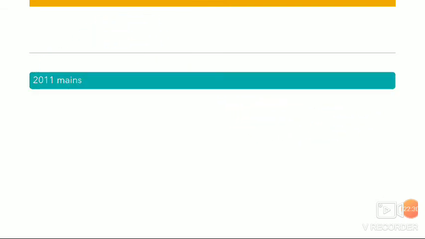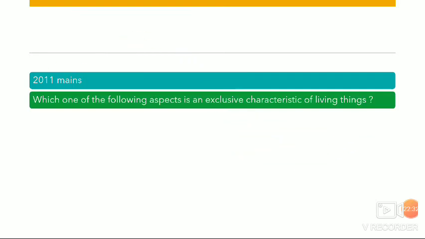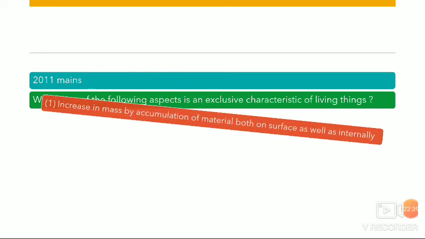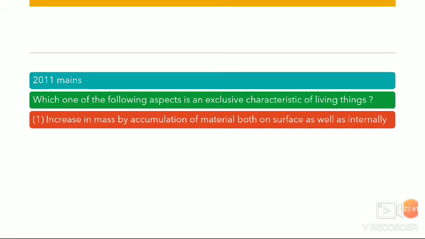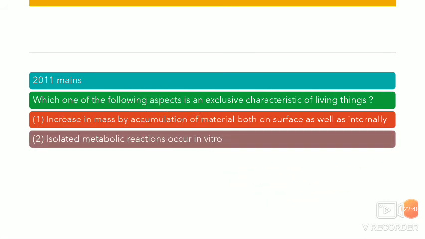this is from 2011 mains. Which one of the following aspects is an exclusive characteristic of living things? Okay, as we have discussed earlier, increase in mass by accumulation of material both on surface as well as internally. Isolated metabolic reactions occur in vitro.